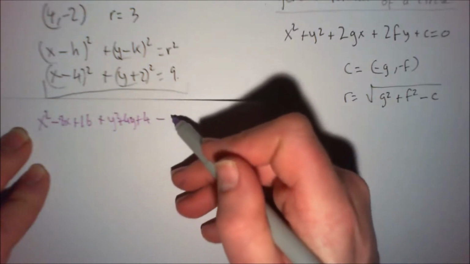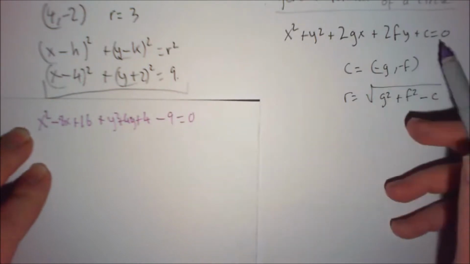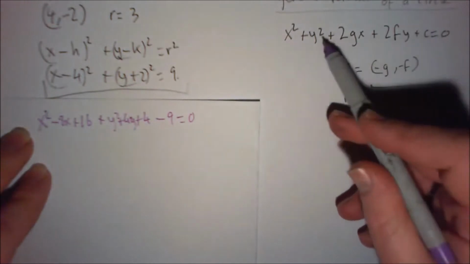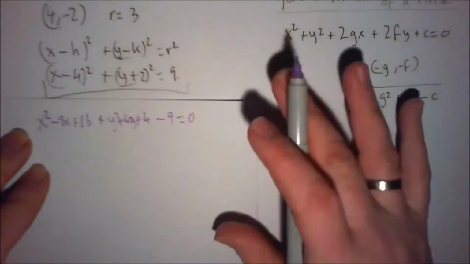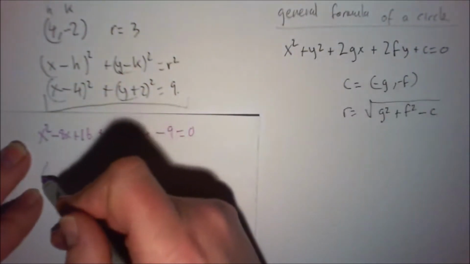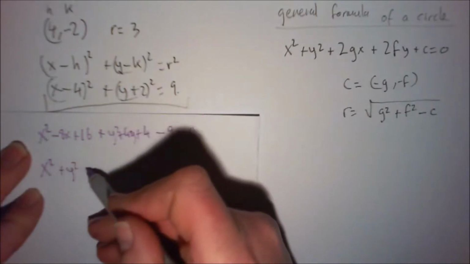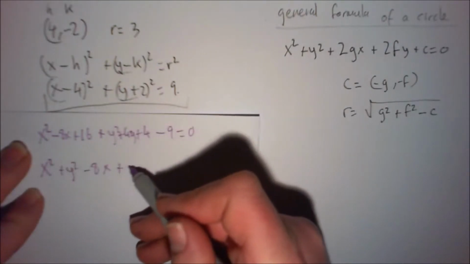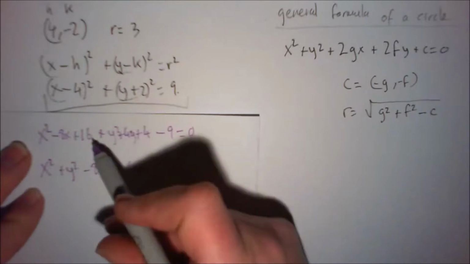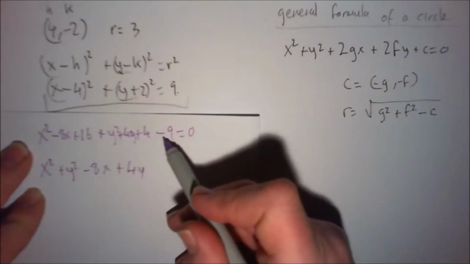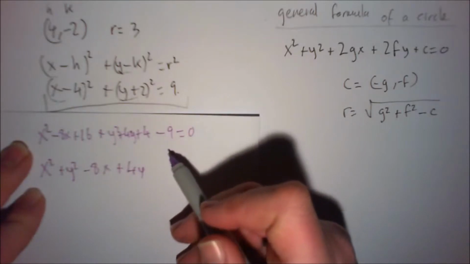Bring the 9 over, make it equal to 0. So we're going to work out the c. We're going to get everything in order. Put the x squared plus the y squared minus the single x plus the single y. Now 16 and 4 is 20, minus 9 is 11.